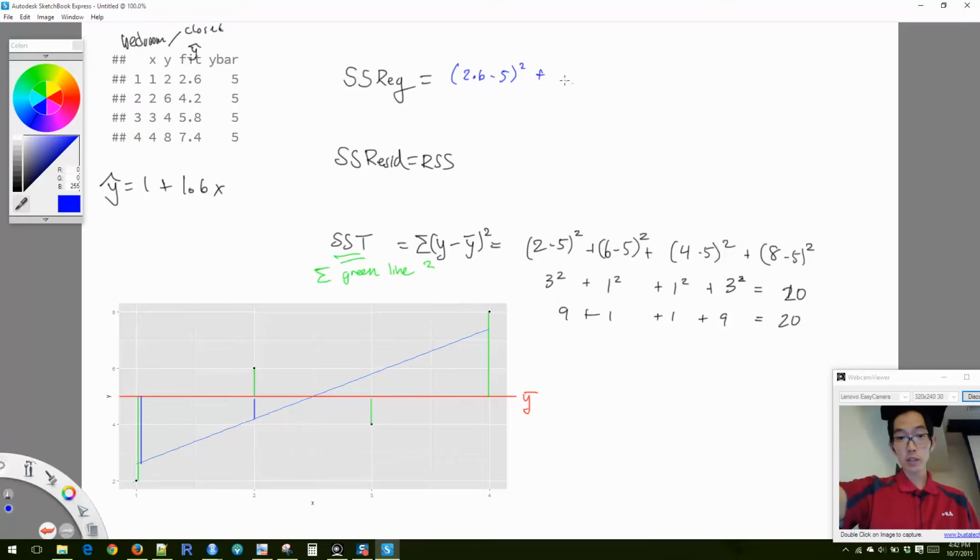Okay, so I'm going to have 4.2 minus 5 squared, and instead of predicting 5, I'm predicting 5.8 right here. 5.8 minus 5 squared plus, and then lastly I'm predicting 7.4 minus 5 quantity squared.